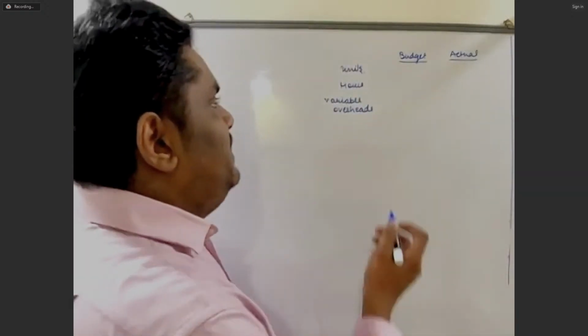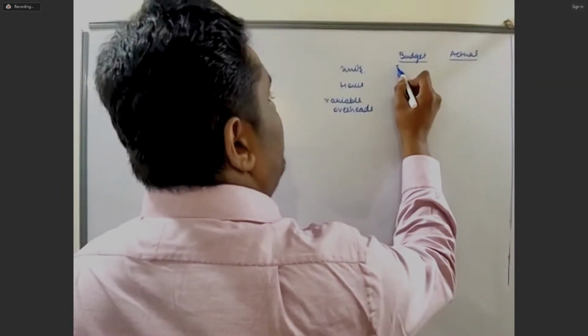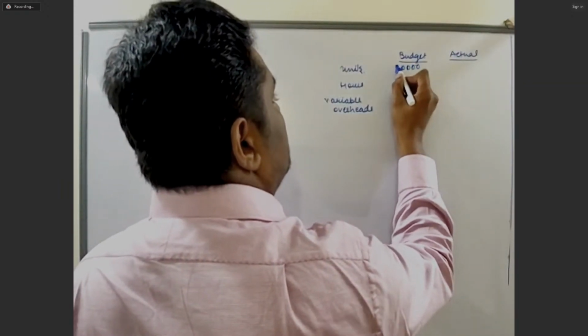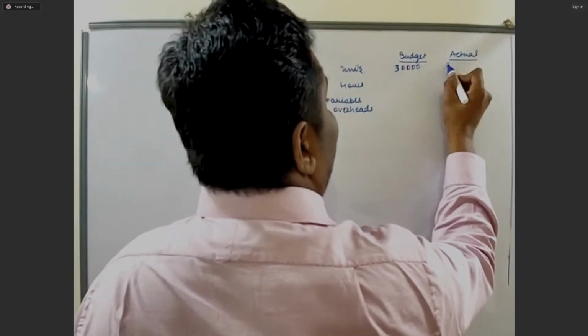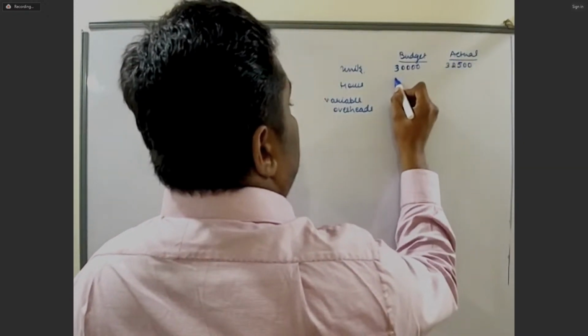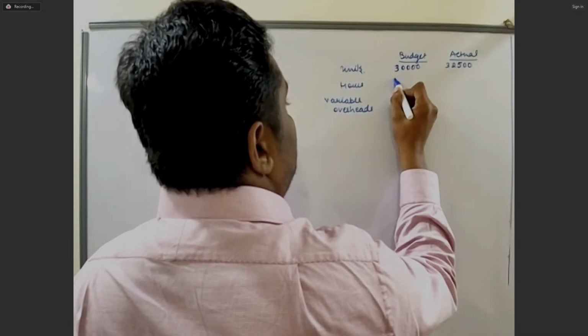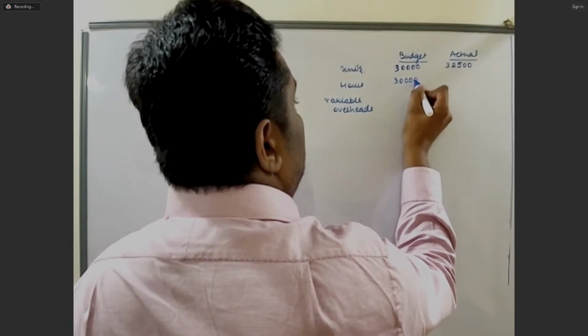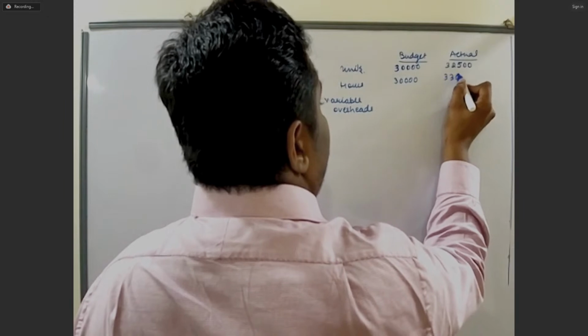So now, let's say information is given in the same question, wherein the budgeted units are 30,000 and the actual is 32,500 units. The budgeted hours are, let's say, 30,000 and the actual is 33,000 hours.